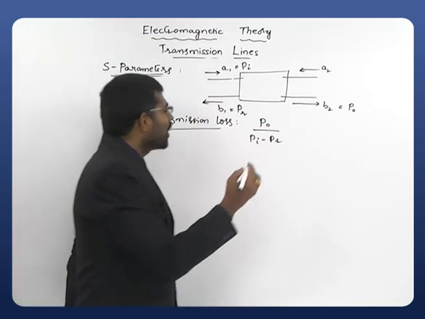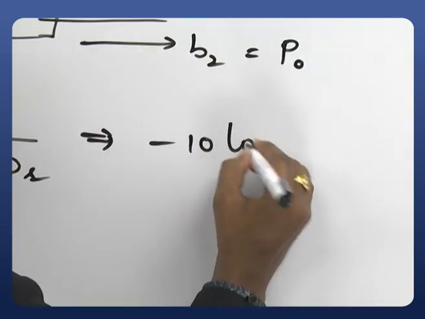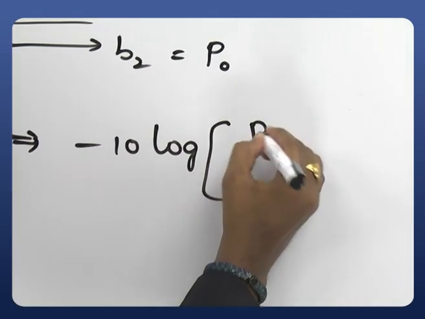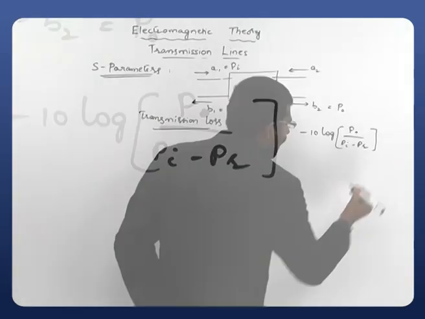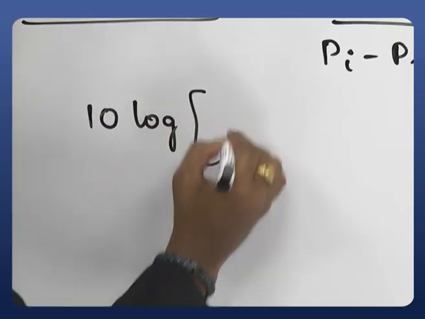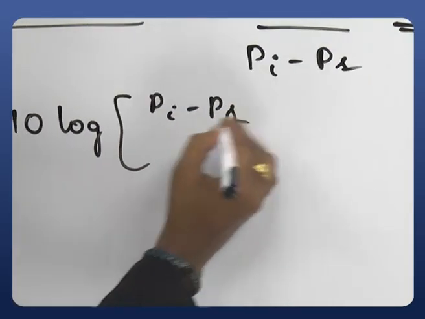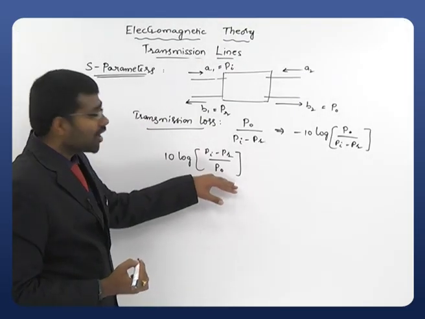We require this one in decibels. So if I am converting this one into decibels, minus 10 log P naught divided by Pi minus PR, that is what we have. Just rearranging that equation will give you 10 log Pi minus PR divided by P naught. Now this is the equation in terms of power.